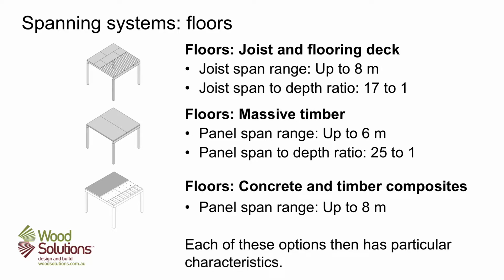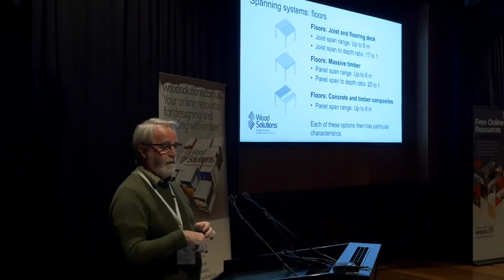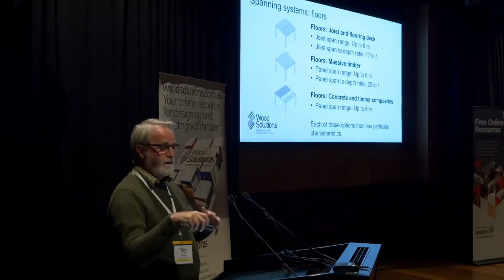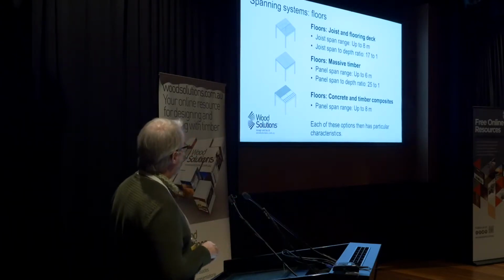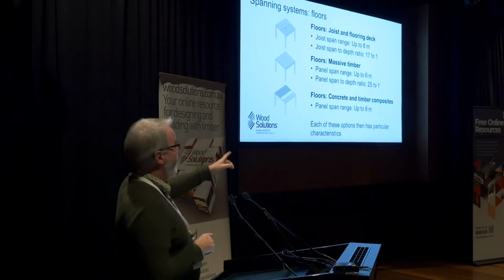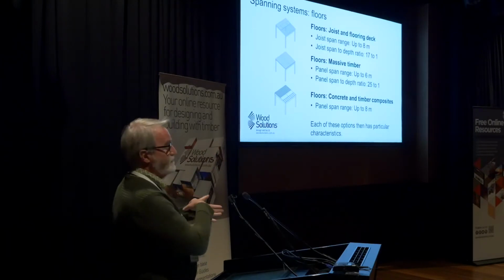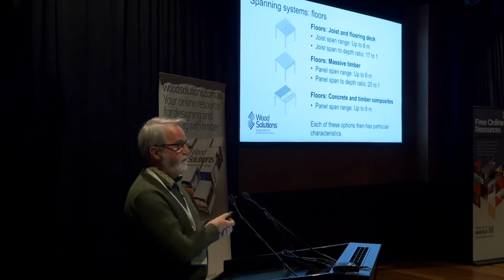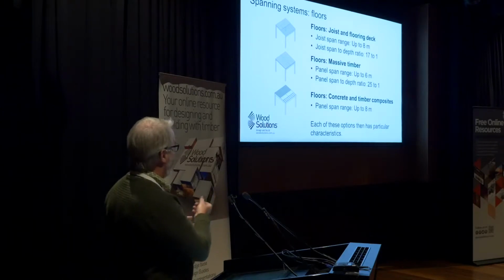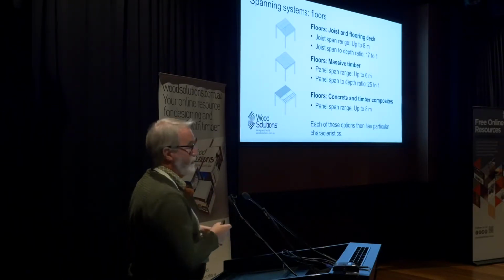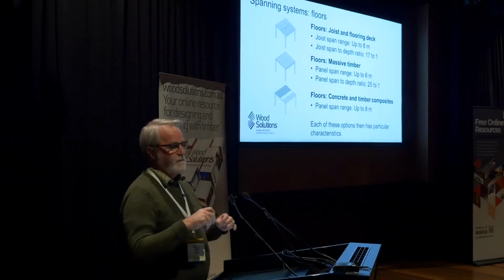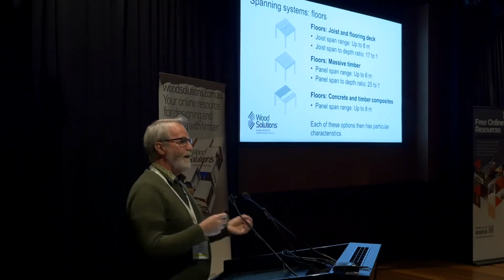We've also got concrete and timber composites, so we can make a floor system where we've got concrete and wood working together. We're providing with each of those basic span ranges for things like the joists, for panels, or for the concrete and timber. Now again, remember, always come back, we're dealing with regular options here.